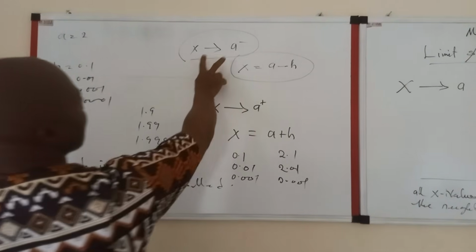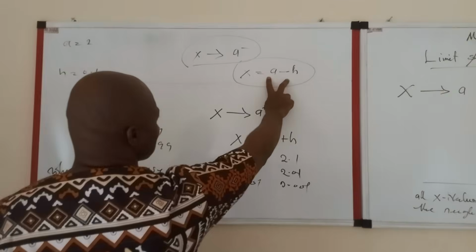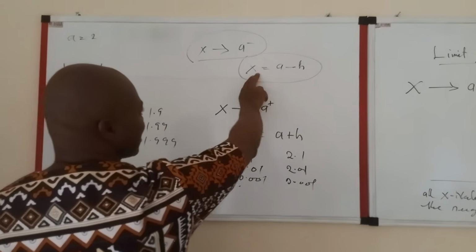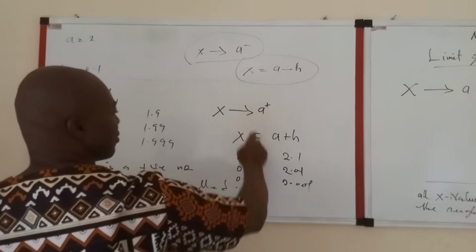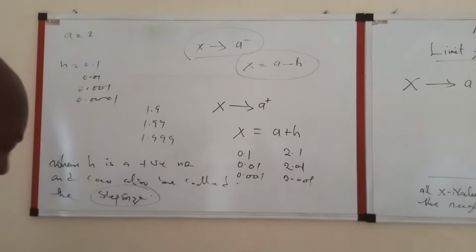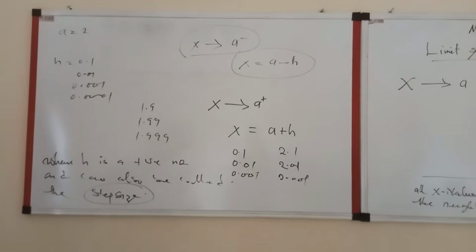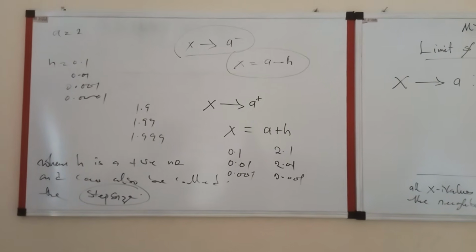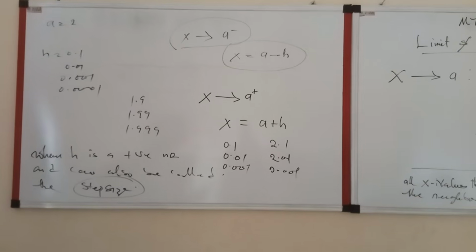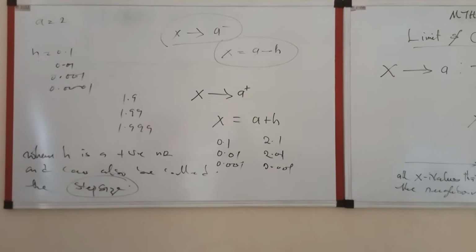So we are saying that if you don't see it this way, you can see it this way. All of them mean x tends to this number from the left, then we say x tends to this number from the right. Now let's consider an example to really illustrate what we have done.